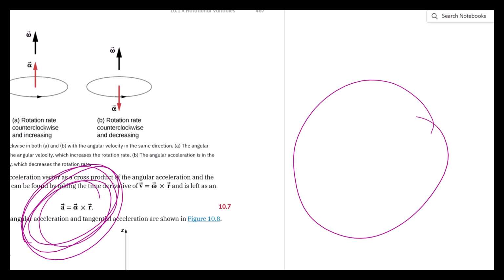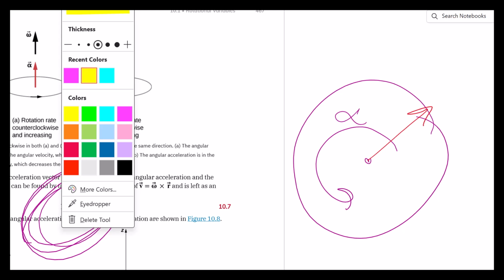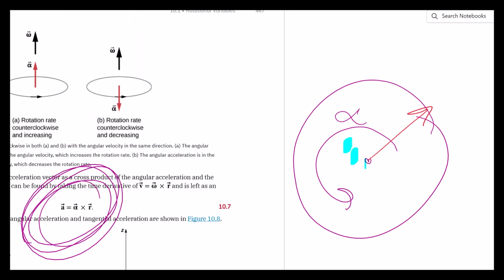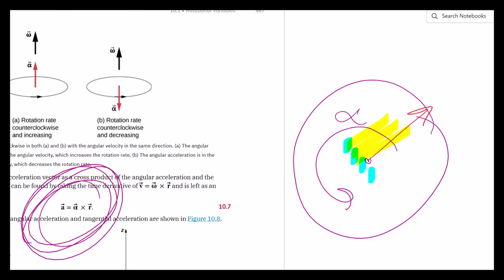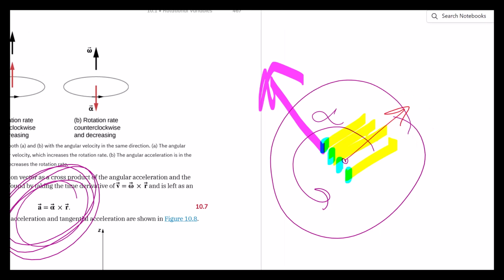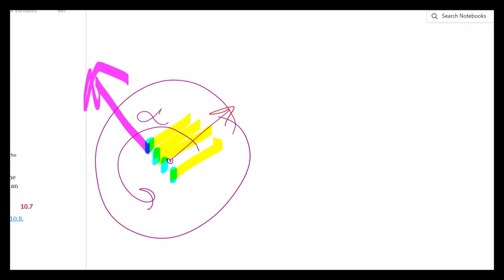If I know I'm accelerating in this direction, then my fingers come out of the page, I curl toward the radial direction this way, and then my thumb goes this way. You might say, wait a second, what if I'm actually decelerating?